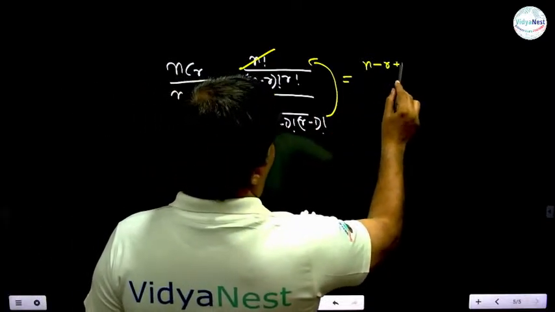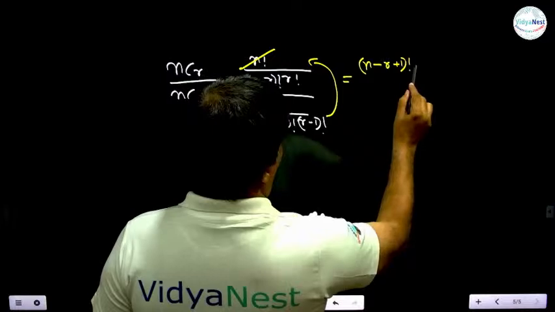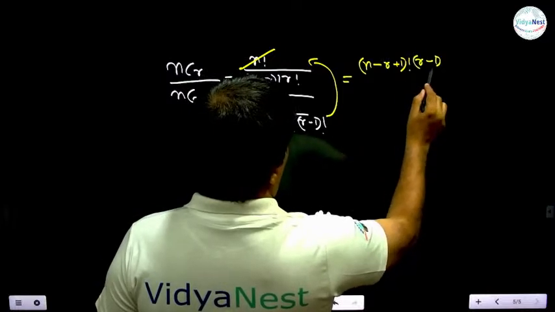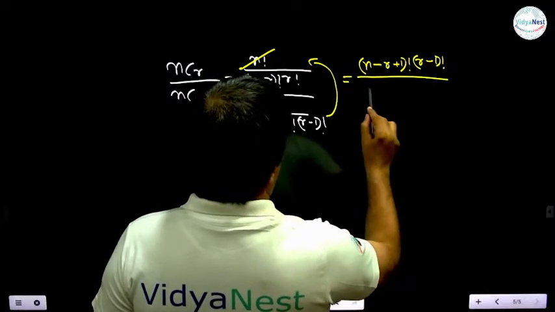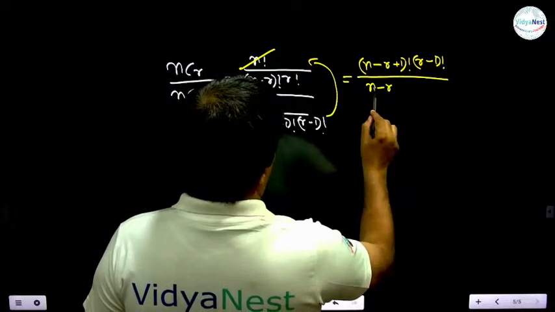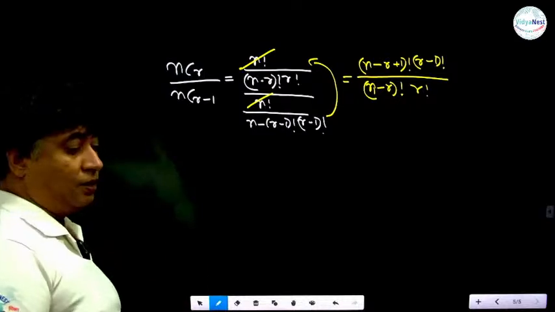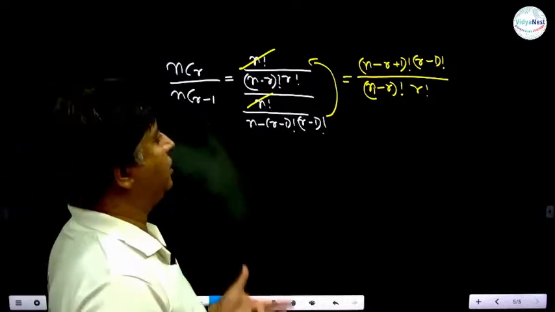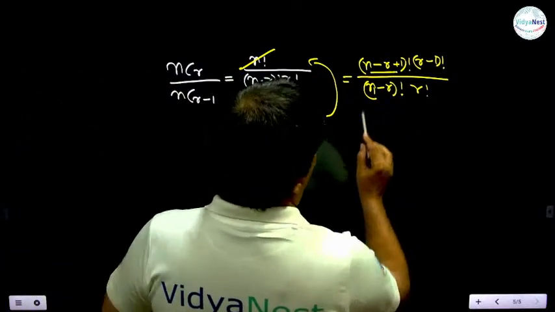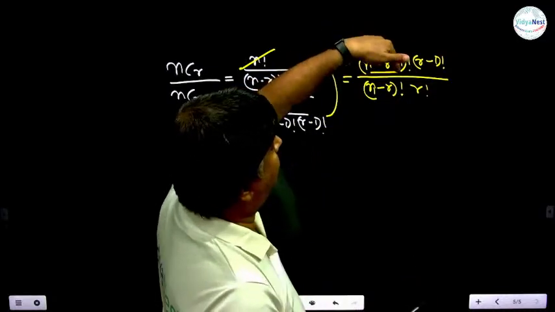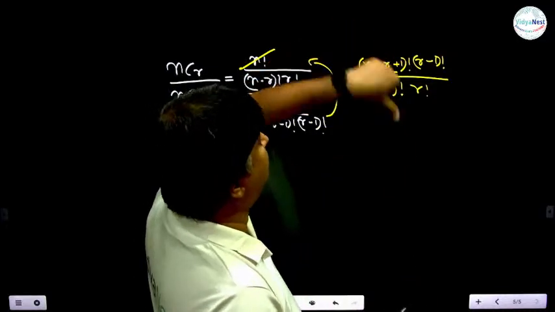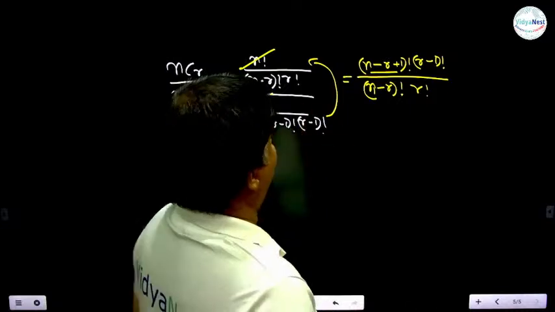n minus r plus 1 factorial by r minus 1 factorial divided by, again that concept which you consumed a few minutes back: this number is bigger, so I can factorize it by reducing it to its preceding consecutive factor.